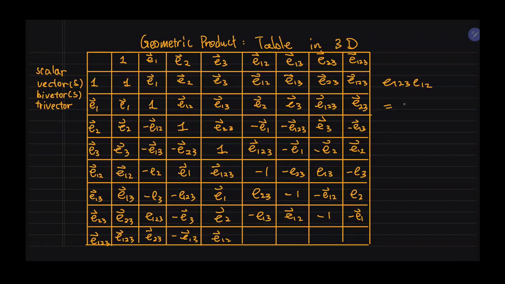We swap this twice, so it will be minus E13 E12, and it will be plus again, 2 3 1 E12, it will become E3 E2, so it will be minus E3 E2 E2, that will be minus E3.